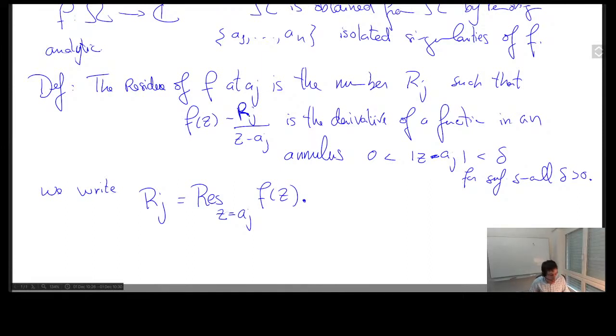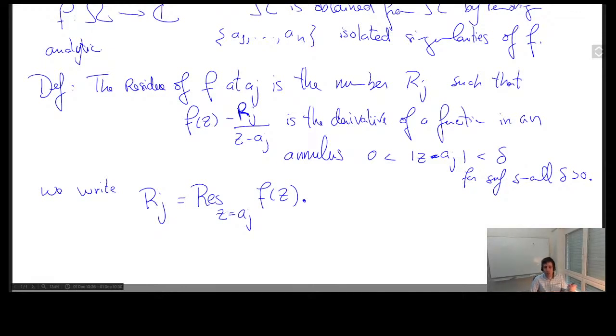The way we defined Rj was with respect to the period, so that the integrals around f become basically 2 pi i Rj, the integral of f around Aj. Defined this way, it often becomes easier to compute. So I guess that's the best reason to give for the definition. But it's the same thing.